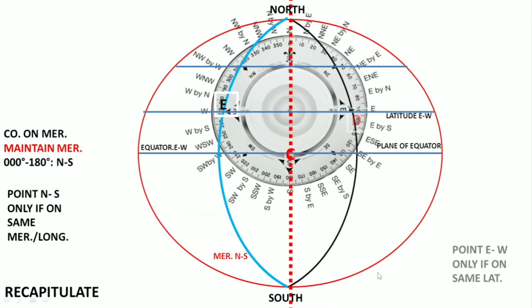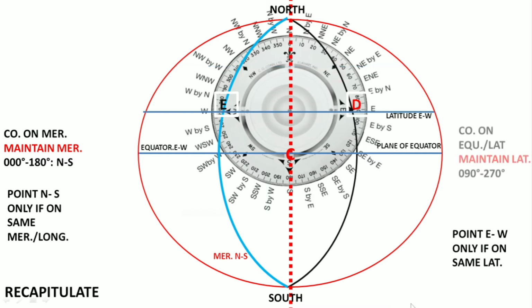So if you are moving along the equator or along a latitude, you would be sailing east or west, and if there are 2 points on the same latitude, then they would be east and west of each other. If they are on different latitudes, then they will not be east and west of each other. So the course along the latitude is either 90 or 270.